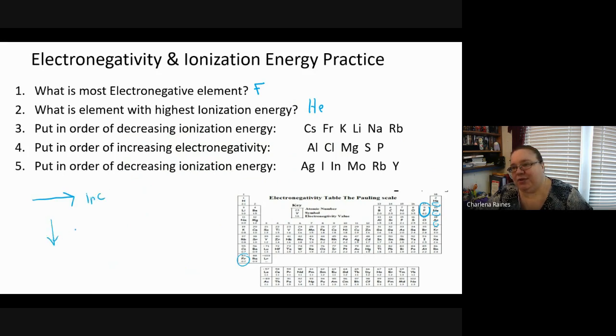As we go down, they both decrease. With the little caveat that electronegativity values for noble gases. So it makes it a little bit tricky.